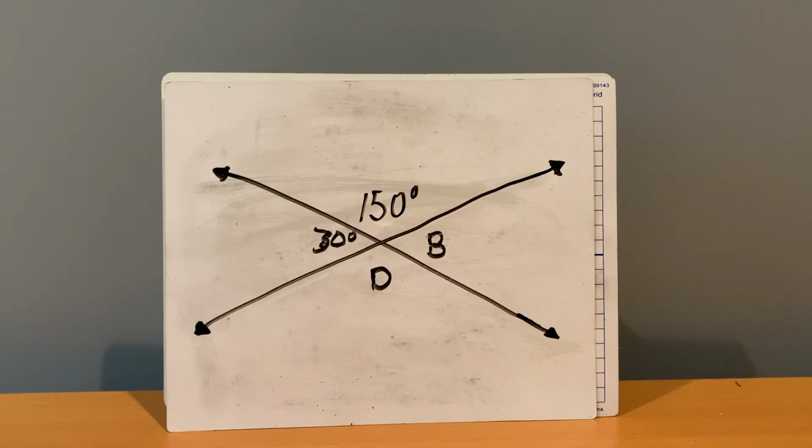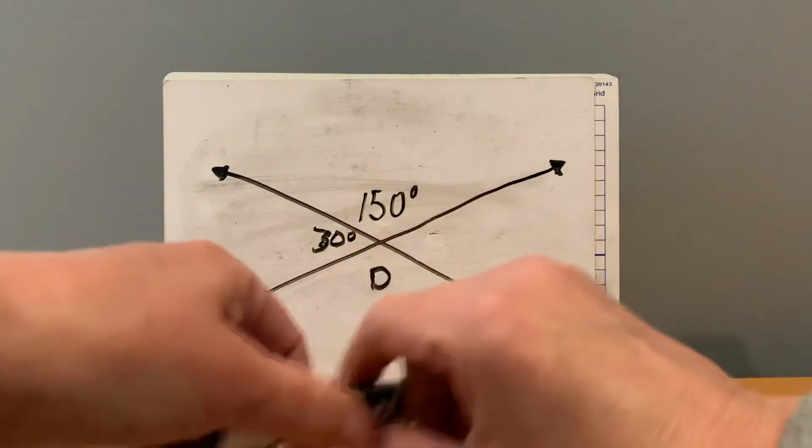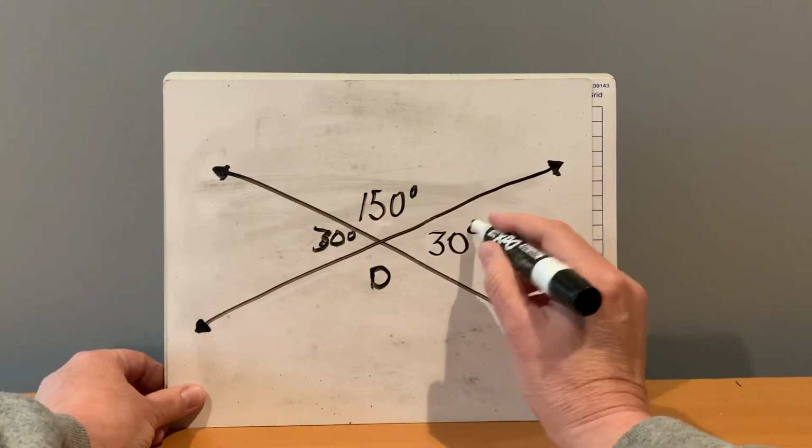Now, since angle A is 30 degrees and angle A and angle B are vertical angles, angle B is also 30 degrees. So we can see that this is also 30 degrees.